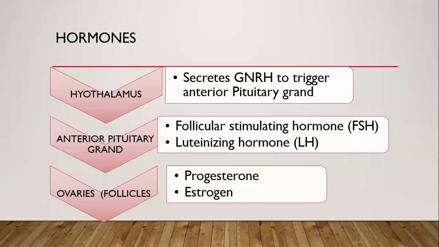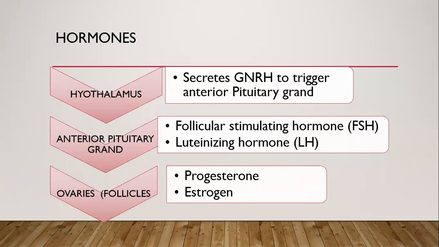The hypothalamus secretes the GnRH that triggers the anterior pituitary gland to release two important hormones responsible for the growth and development of the follicles. We have the FSH, which is the follicle stimulating hormone, and the luteinizing hormone. These two hormones act on the ovaries such that they develop the follicles.